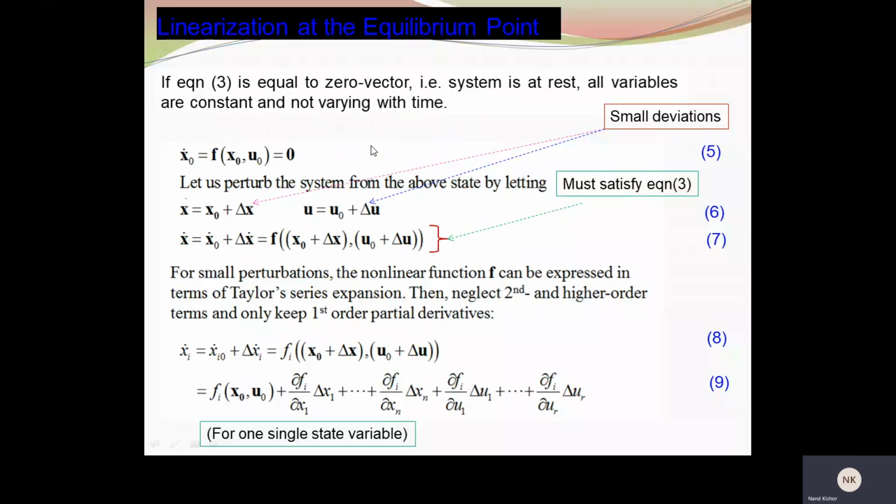Now, if you refer to equation 6, this delta change refers to a small deviation. With this small deviation, that is, small perturbations, this nonlinear function can be expressed in terms of a Taylor series expansion.